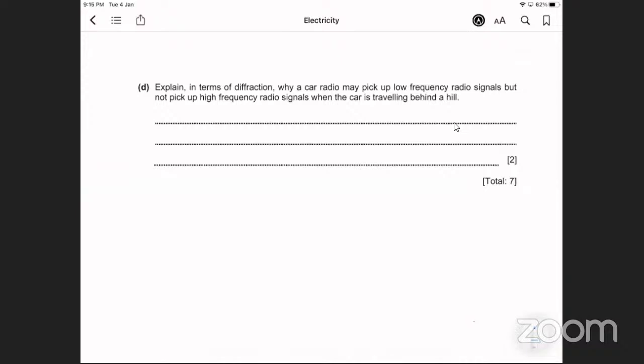Look at the properties of your waves and when they're passing through a barrier, what happens? So it's behind the hill. Your car is behind the barrier. Here I'm just giving you hints. What is happening? This is diffraction. They're asking you to explain why it is picking up low frequency radio signals, but not the high frequency radio signals.